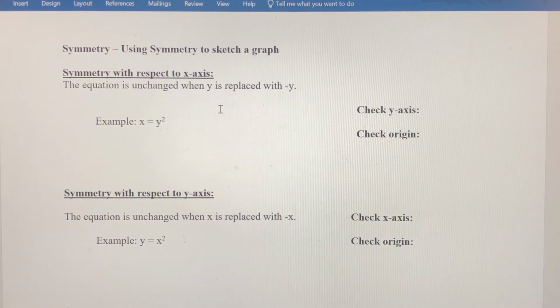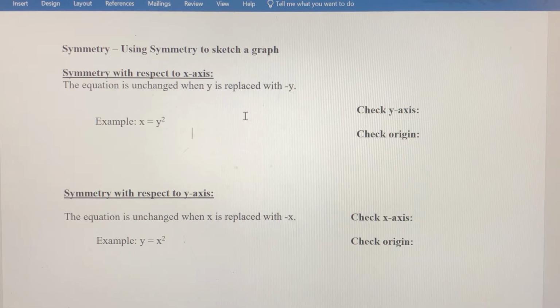We're going to start with x-axis symmetry. All you have to do is replace y with negative y, and then when you go through the simplifying process, if you end up with the same equation that you started with, then you have that symmetry, in this case x-axis symmetry.